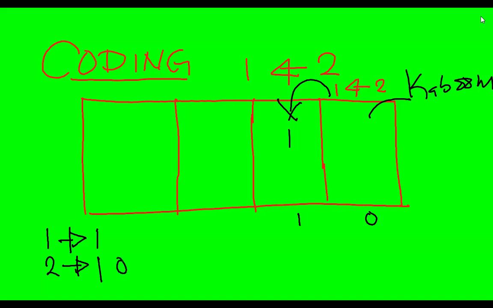Now, what then is the coding for 3? What's the coding for 3 on this particular machine? Let me clear this.